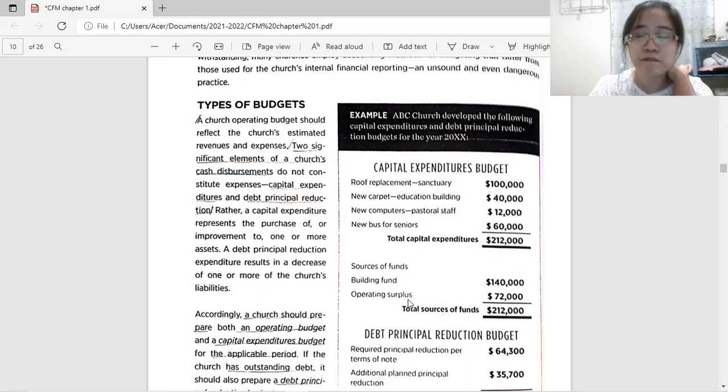The main part of the budget is actually the operating budget, the budget used in the day-to-day operations of the church.